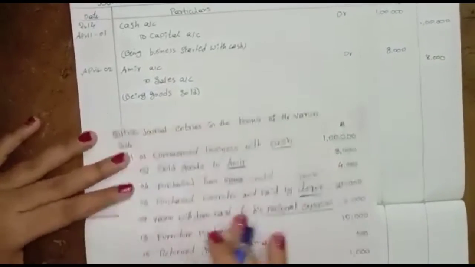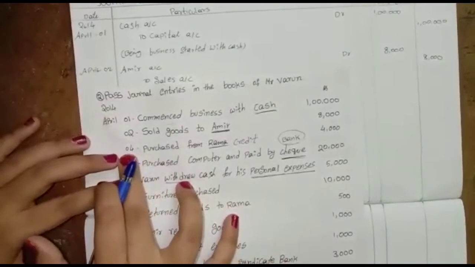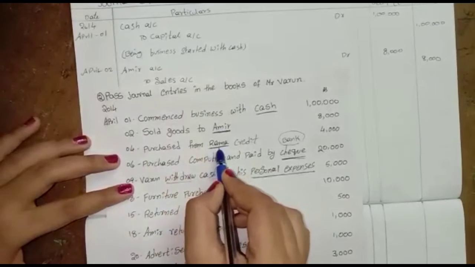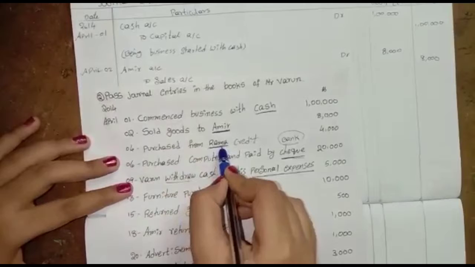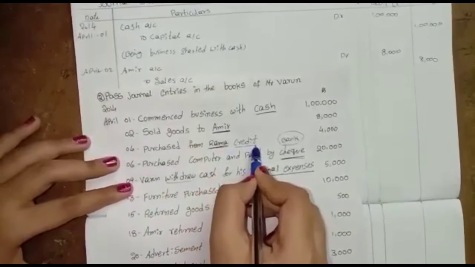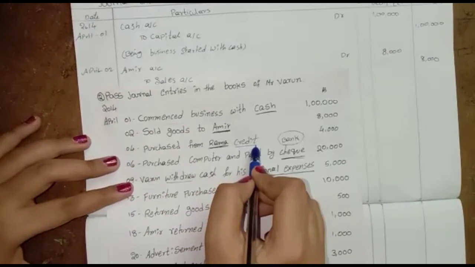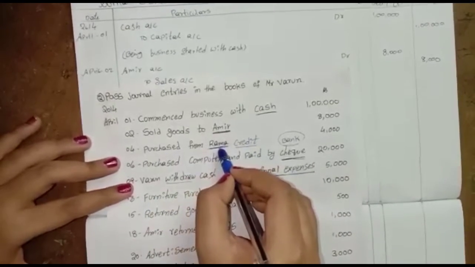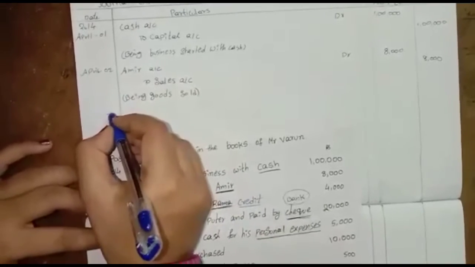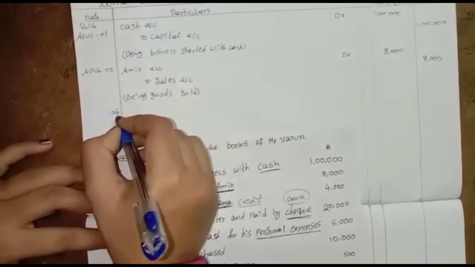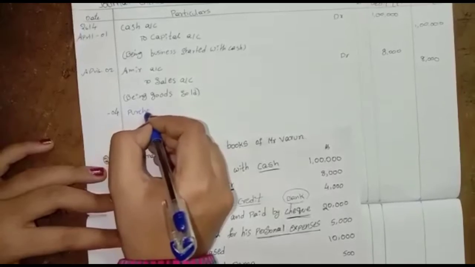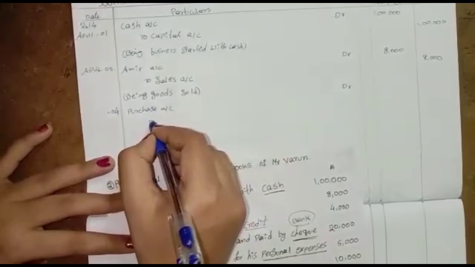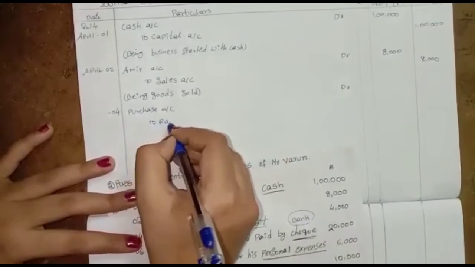And the next transaction was held on April 4th. Purchase from Rama. Here also there is no cash transaction. It would be a credit transaction. April 4, purchase account debtor to Rama account.